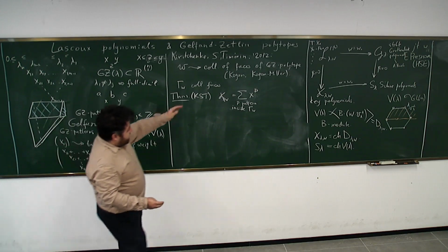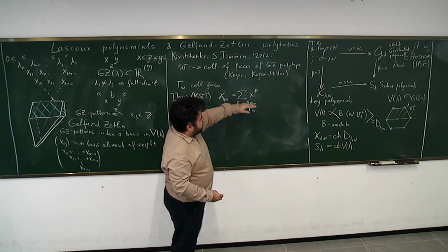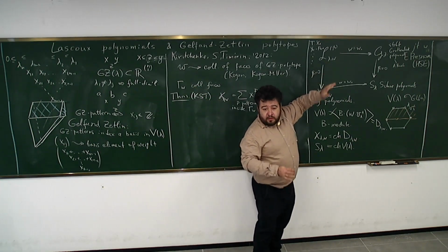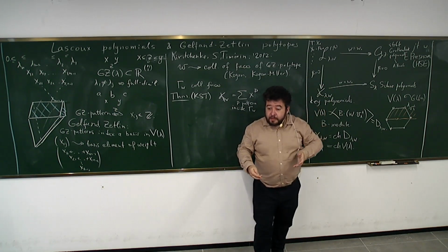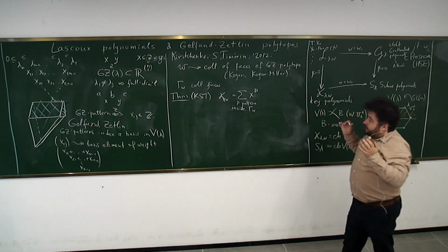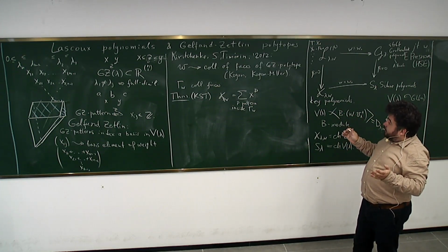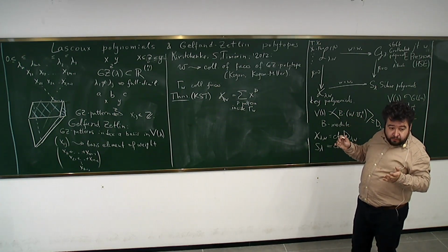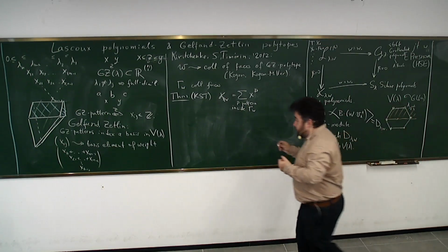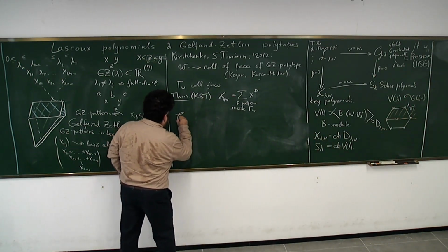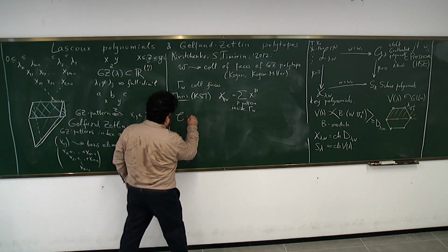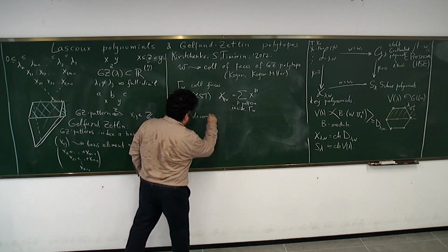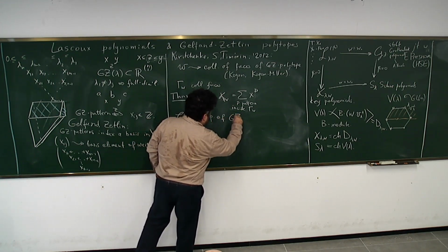These are just sums over integer points, and this is a sum over not just integer points but also intervals, spaces of larger dimension. As we showed, there exists a cellular decomposition of GZ_lambda.